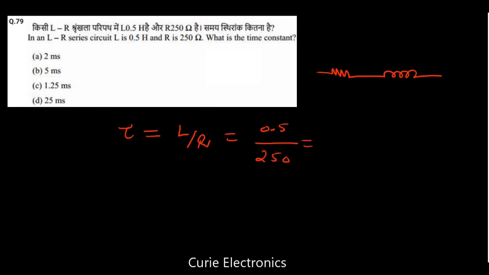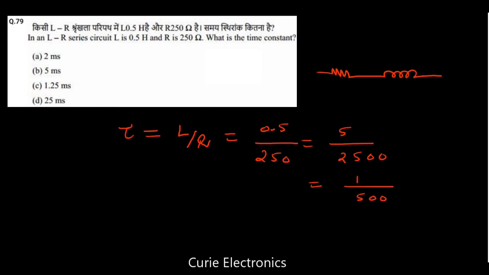Now I will multiply both numerator and denominator by 10, so I get 5 upon 2500. Dividing numerator and denominator by 5, I get 1 upon 500.